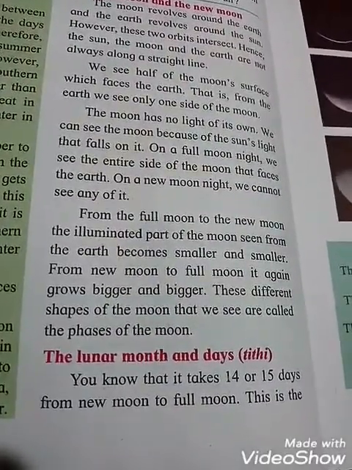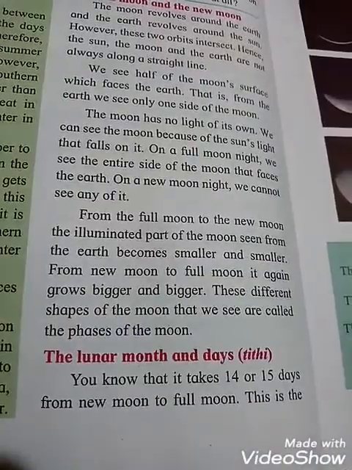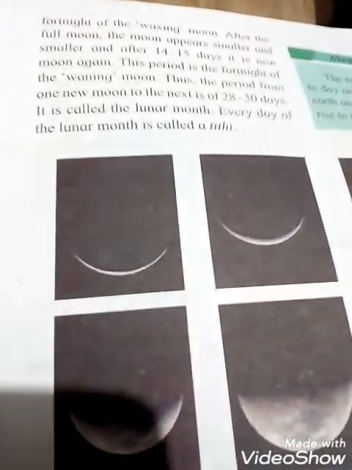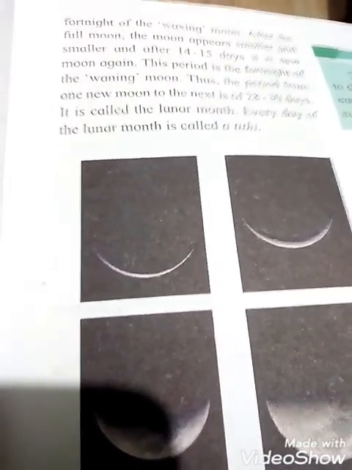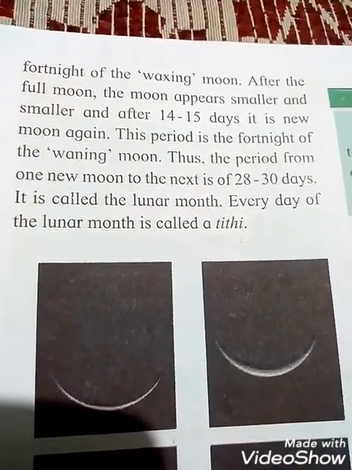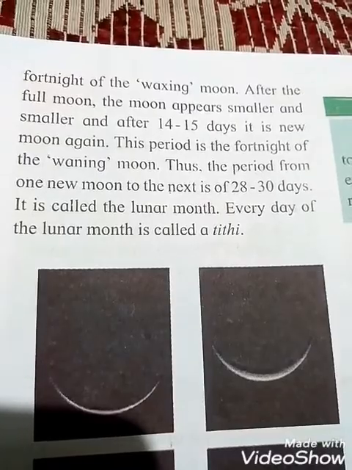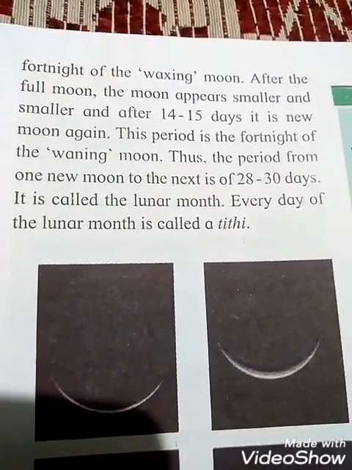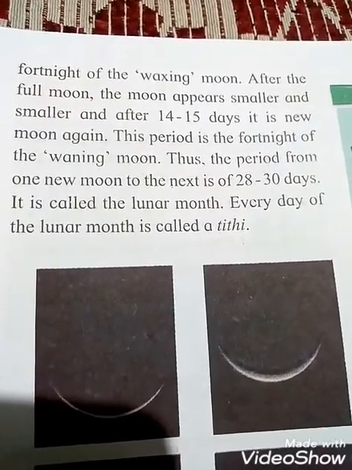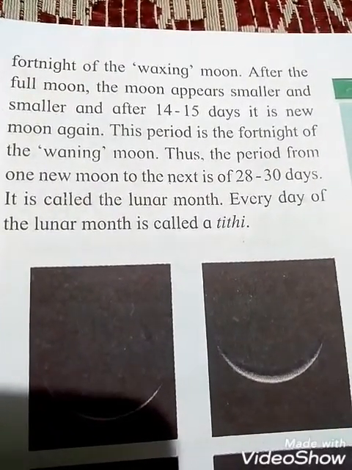You know that it takes 14 or 15 days from new moon to full moon. This is the fourth night of the waxing moon, meaning the moon was increasing.